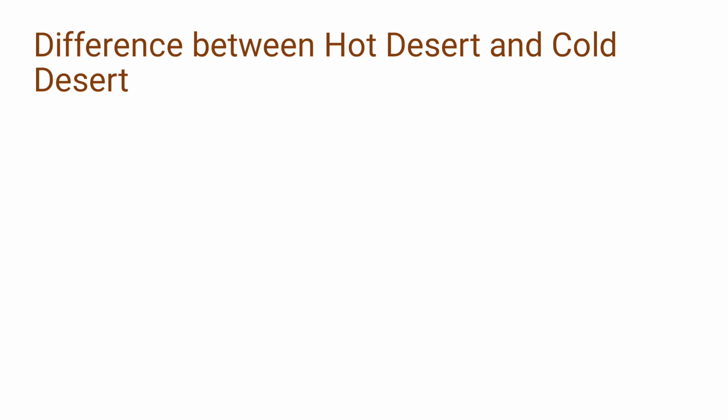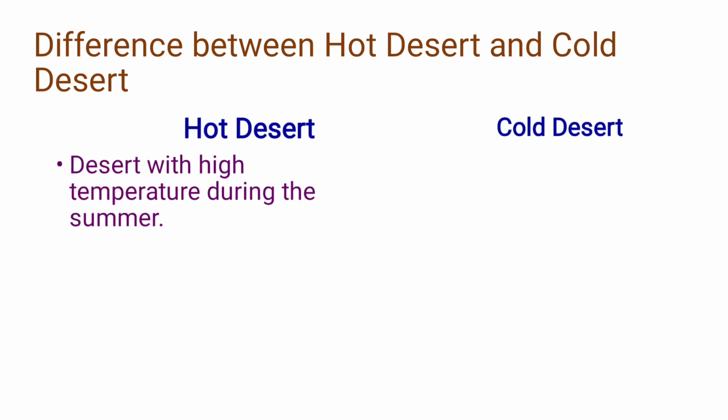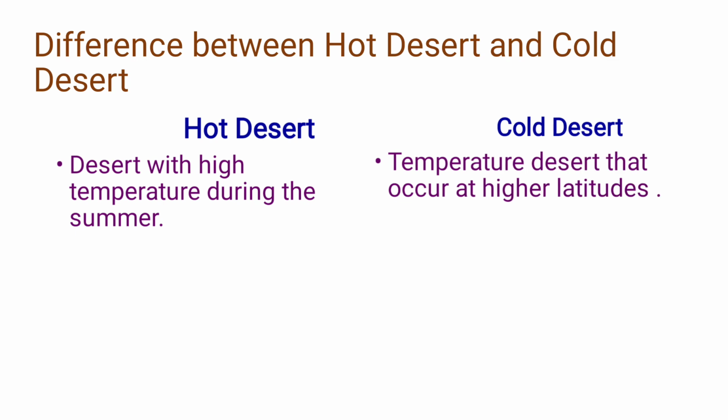Now we will see here the difference between a hot desert and a cold desert. Deserts with high temperature during the summer are known as hot deserts, like the Thar desert or the Sahara desert. The temperature in the cold deserts is very much lower.